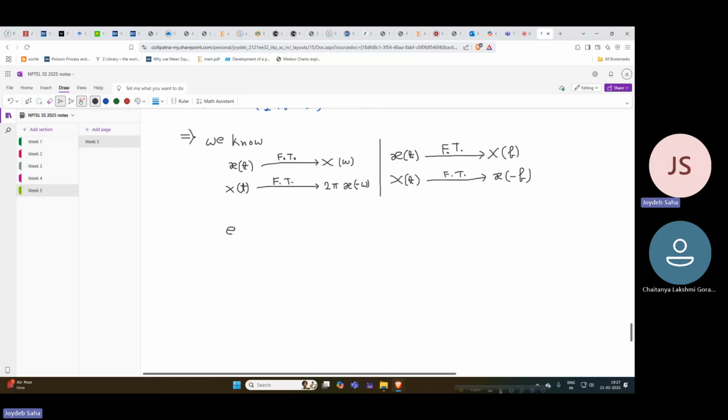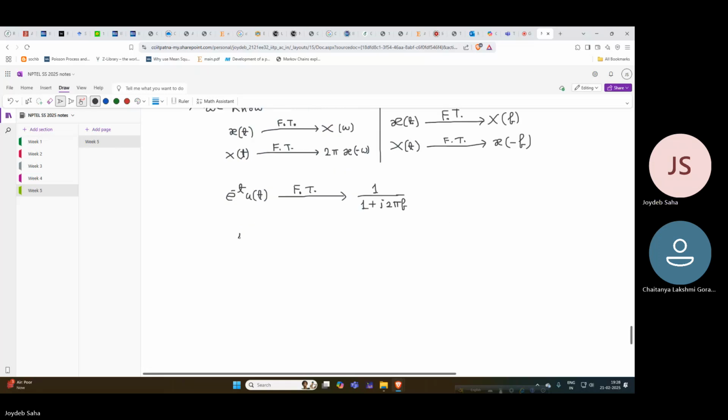So e to the power minus t u(t), its Fourier transform, given, is 1 upon 1 plus j 2 pi f, right?